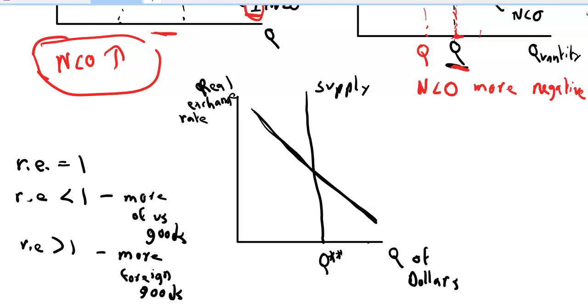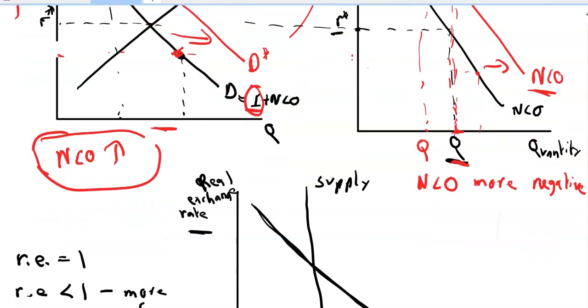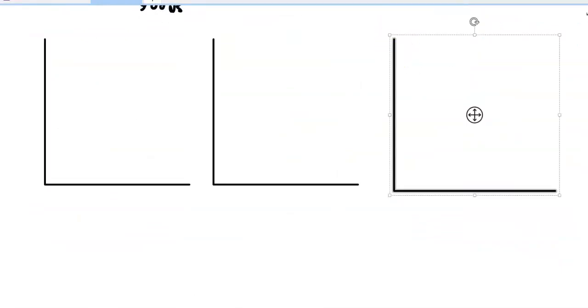So if NCO and the exchange rate affect each other, let's draw it this way, which might be a little easier to look at. This is the real interest rate, and this is the quantity of dollars. This is also the real interest rate and quantity of dollars, but this is now the real exchange rate and this is the quantity of dollars.